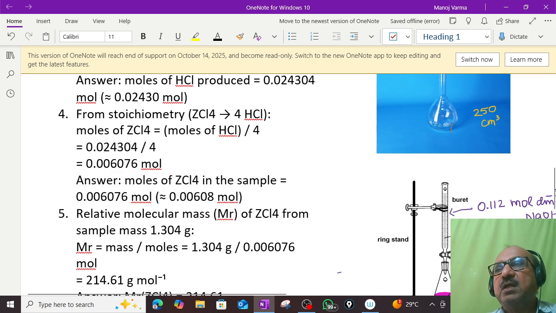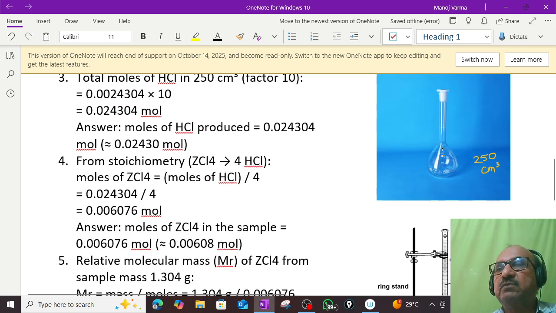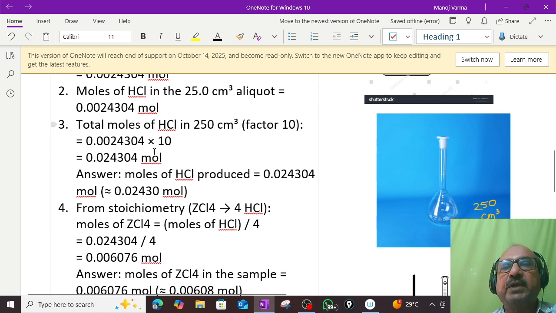we must know how much HCl was present in the entire 250 centimeter cube of the solution. So obviously if we know it in 25 and we want to know it in 250, the factor will be multiplied by 10. So we get the number of moles of HCl produced in the reaction, which is 0.02430.